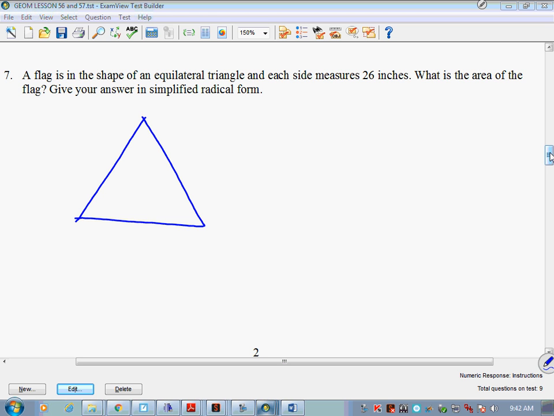What do I know? If I'm asking for the area of this triangle, I need to know my area of the triangle formula, which is base times height divided by 2. Each side measures 26, so we can write 26 all the way around this.